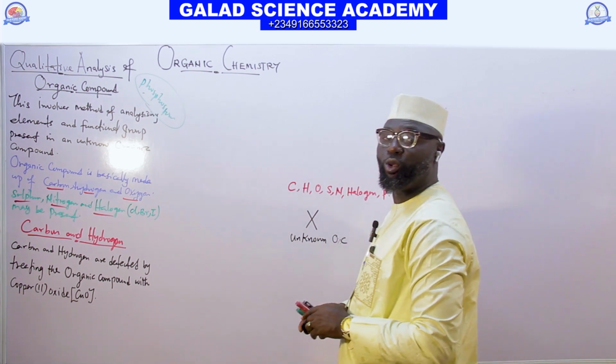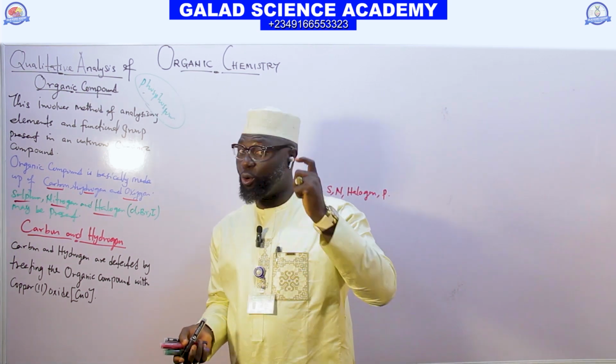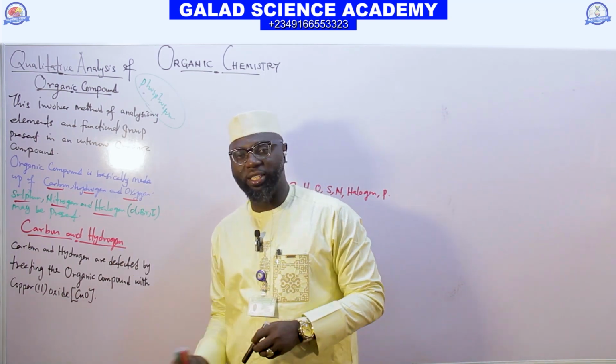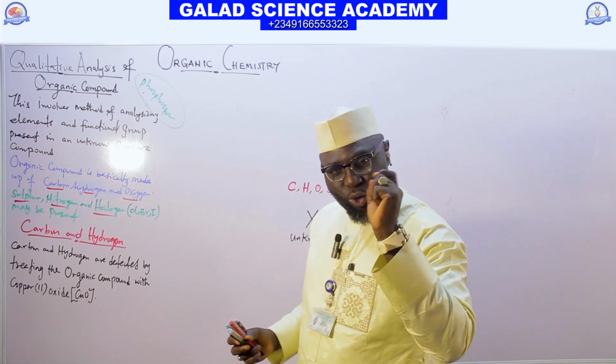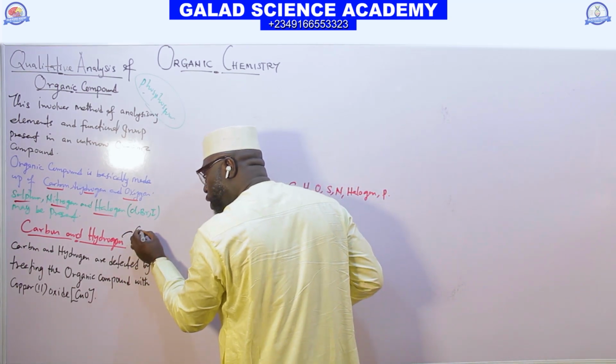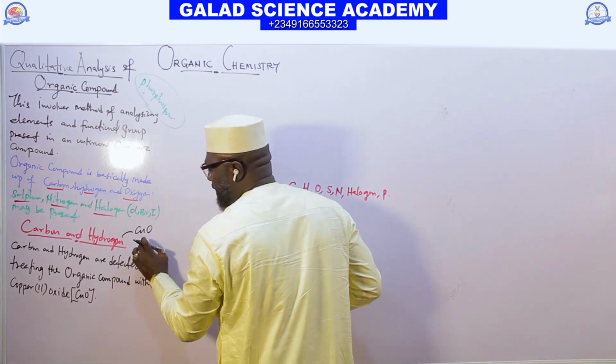So if you want to confirm the presence of carbon and hydrogen in organic compounds, the reagent we need to test for it is copper 2 oxide.